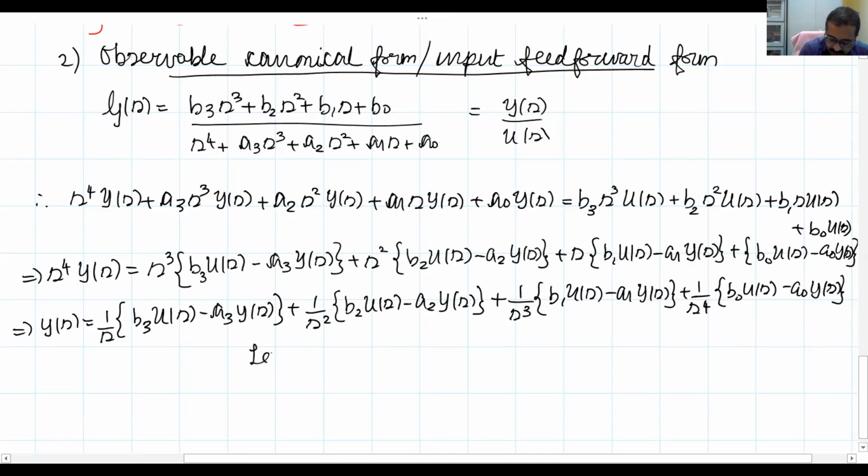Now I will define my output variable y of s equal to x1 of s.